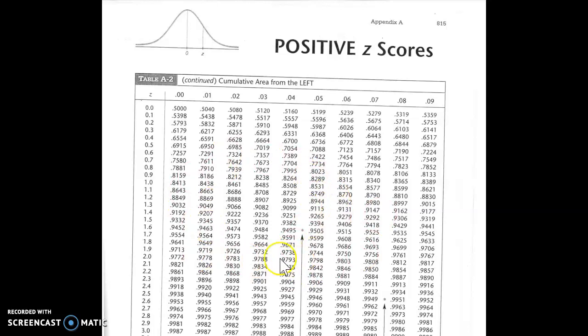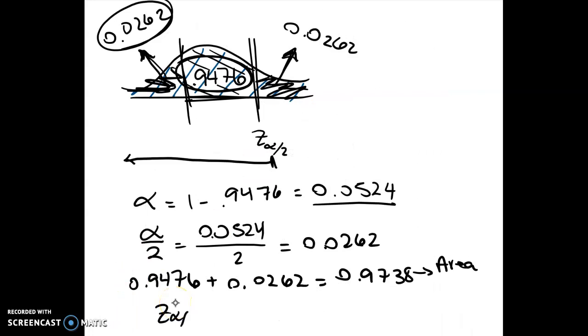That's where the area is. I'm going to try to find the number 0.9738. It looks like it's right here. Okay, so that means that we have a z-score of 1.94. Okay, so our final answer is 1.94. That's what this z-score is equal to, and that's what we are looking for.